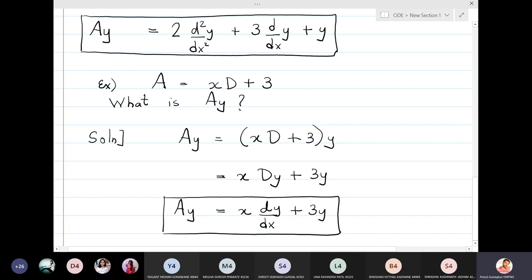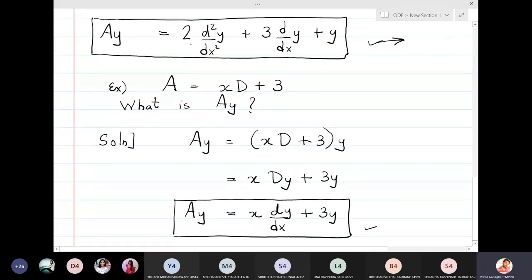Okay, do you observe that there is a difference between the above Ay and this Ay? One of the important differences is that in the above operator, the coefficients of the derivatives are constants.